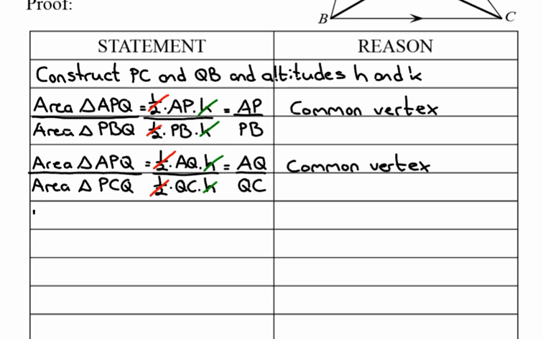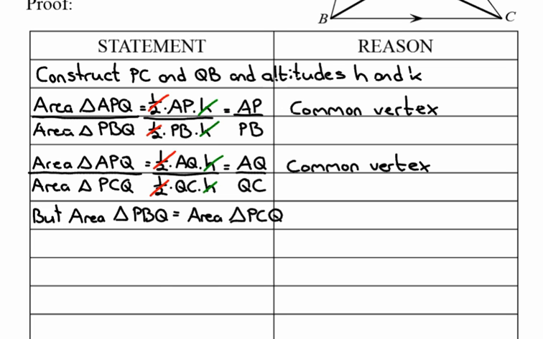So I can write, but hang on a second, area of triangle BPQ is actually equal to the area of triangle PCQ. Those are my triangles that are sitting in my denominators. So I know because those denominators are equal and the numerators are common because they're both area of triangle APQ. Therefore, that whole thing there must be equal to that whole thing there.